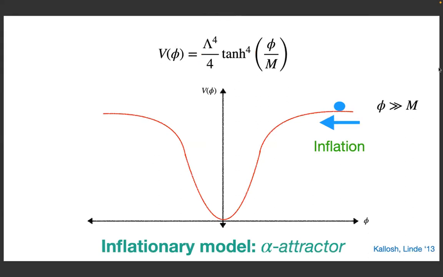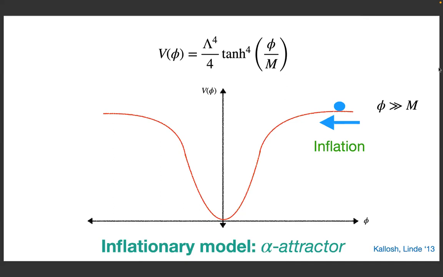So, for example, let's focus on the choice of the exponent four for the potential. These potentials, called alpha attractors, have the characteristic that for large field values, phi much greater than the scale m, they approach a plateau. So it's a flat potential, which is basically what we want for inflation, which is a slow-rolling field. By making this choice of function, we make sure that for sufficiently large field values we will have this plateau.